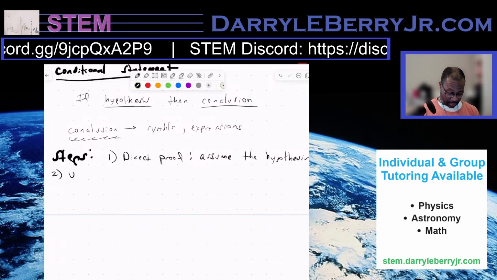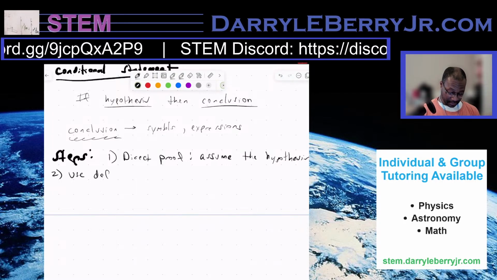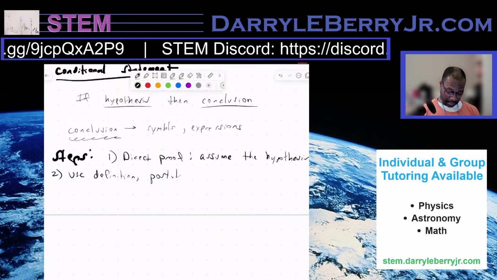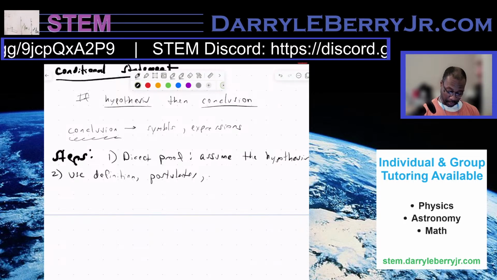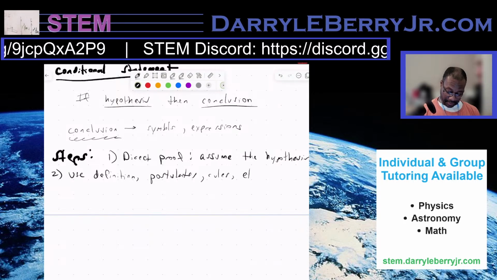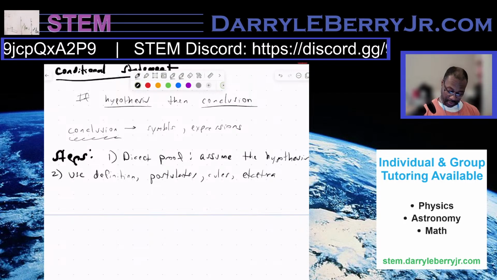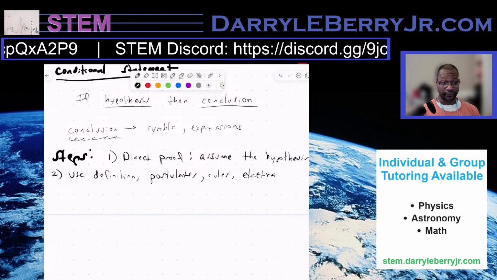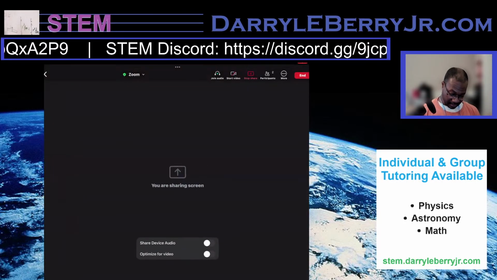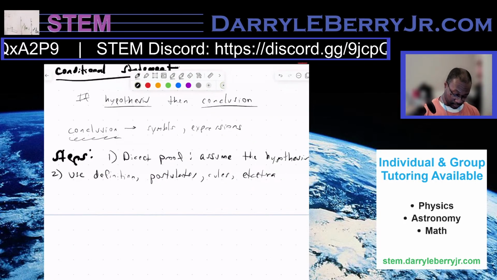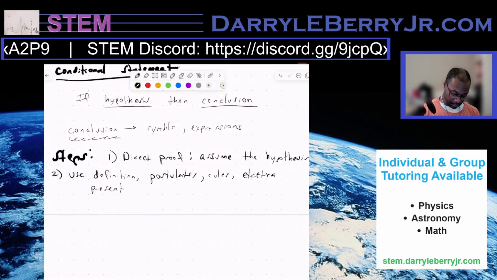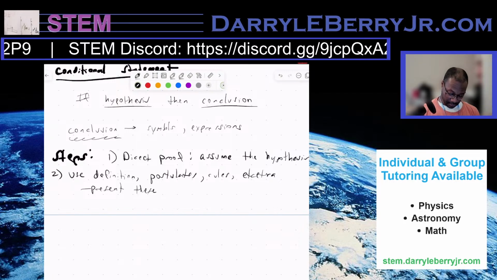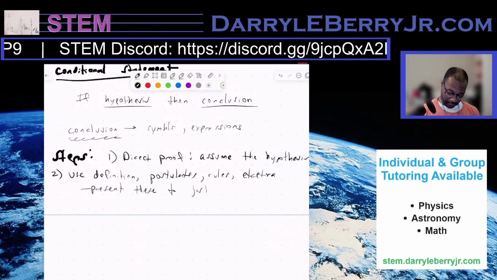And then 2, use definitions, postulates, rules, etc. in the proof. So we're going to present these to justify the proof.